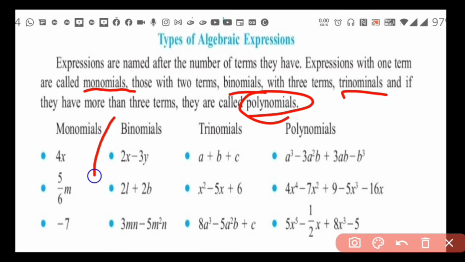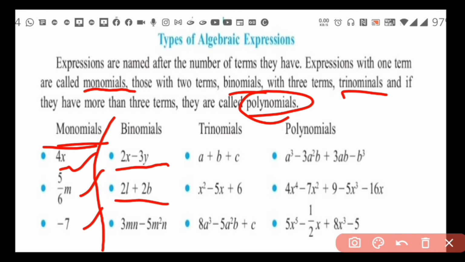So here we have given the examples of monomial. 4x, so only 1 term. 5 upon 6m, 1 term. Only -7, only a number is there, then it is a monomial. Binomial means, as you all can see, two terms are there. 2x minus 3y, 2l plus 2b, 3mn minus 5m square n. Always see that the terms are separated by a plus or minus sign between them.